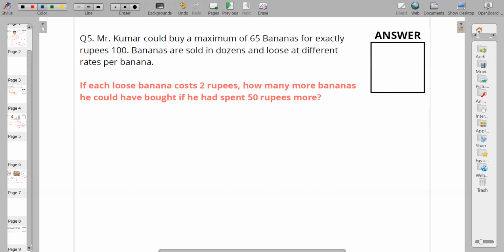Bananas are sold in dozens and loose at different rates per banana. If you buy a dozen, you get it cheaper maybe. Because if you buy only loose for 100 rupees at 2 rupees each banana, you'll get only 50 bananas. Correct or not? 100 divided by 2.